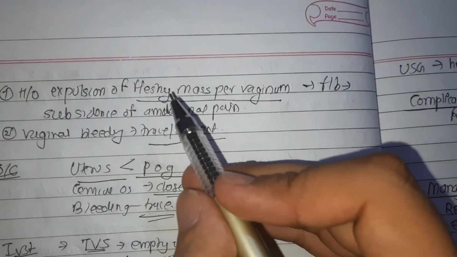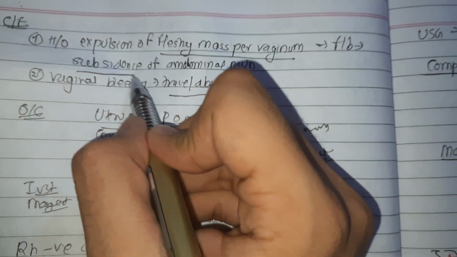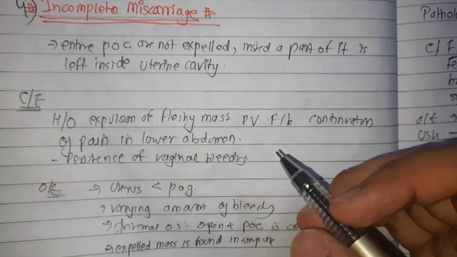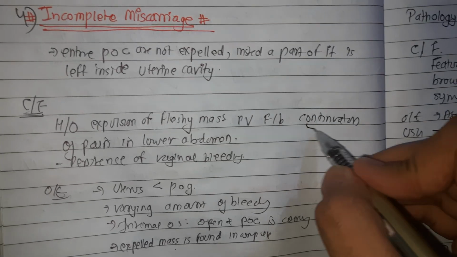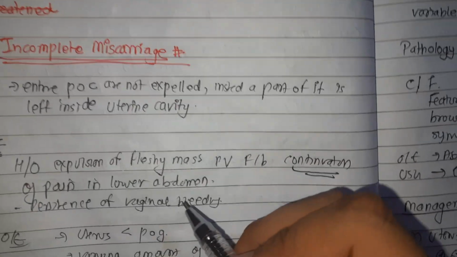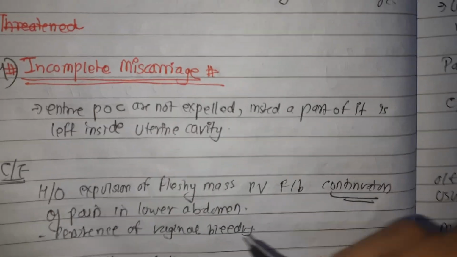What was present in the complete miscarriage? There was an expulsion of fleshy mass, but followed by subsidence. The pain had subsided. But here, in the incomplete miscarriage, the pain is still persisting. The pain has not subsided in incomplete miscarriage. This is the difference. And there is persistence of vaginal bleeding.